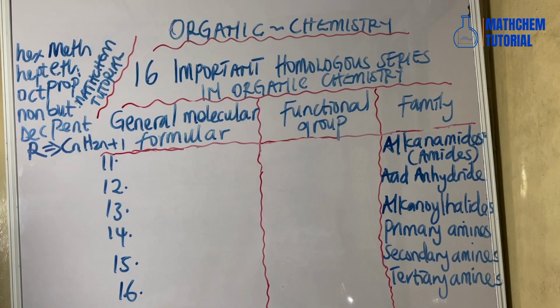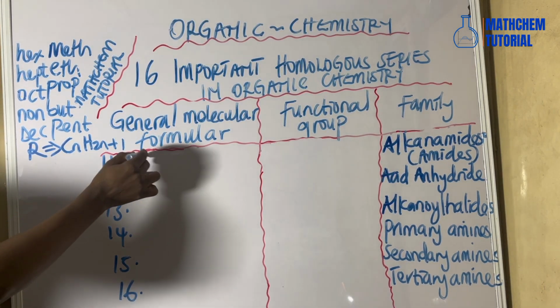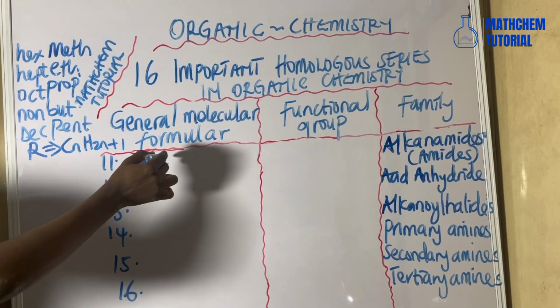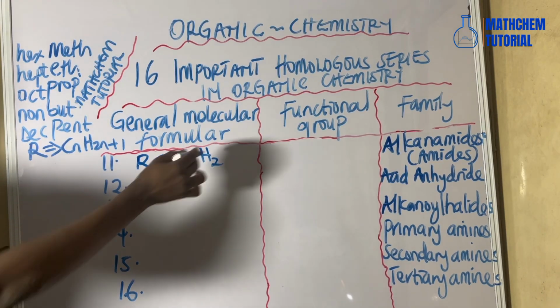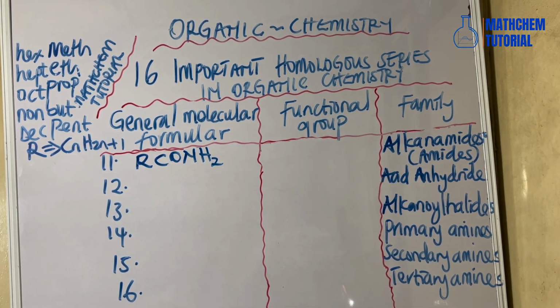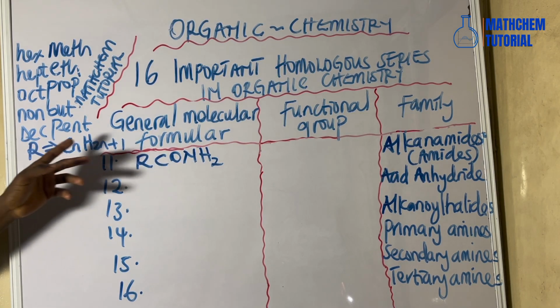But don't let us go there. So now, the general formula for alkanamides is RCONH2. So that's the general formula for alkanamides. We already know that R is alkyl.